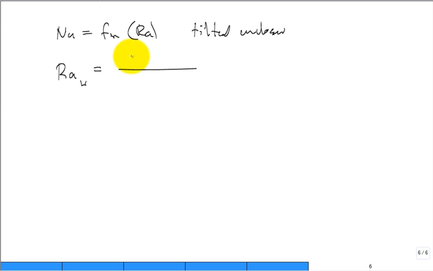What's the Rayleigh number? g beta delta T L cubed over nu alpha. And you calculate the thermophysical properties of air at 1 atm at some average temperature. Well, it's working in absolute Kelvin. The hot surface of the absorber is 350 Kelvin.